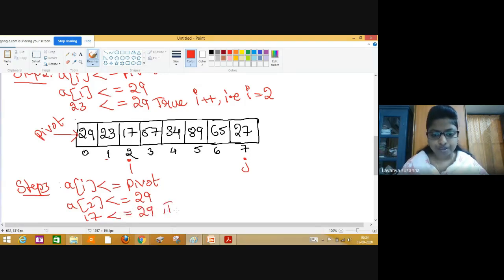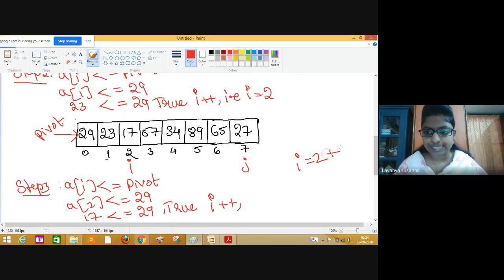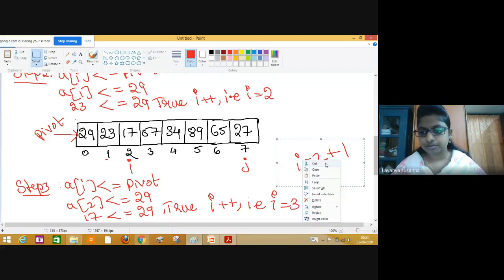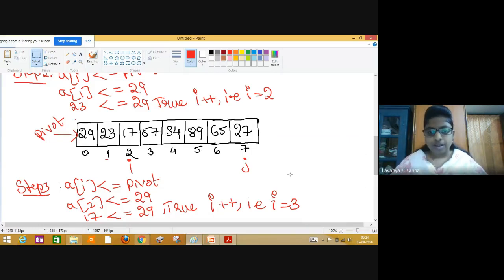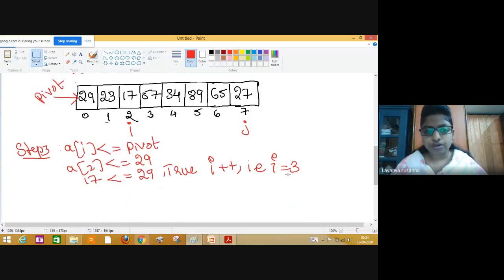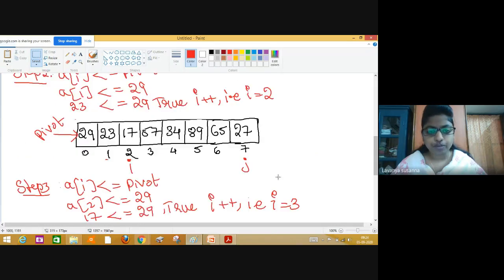True. True means again you need to increment I plus plus. Previously I equal to 2. Now I plus plus means you need to add plus 1. Now I equal to 3. Now I will point to 3. I is moving, okay.